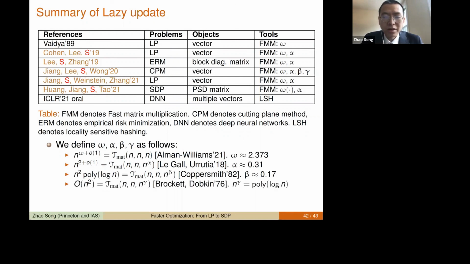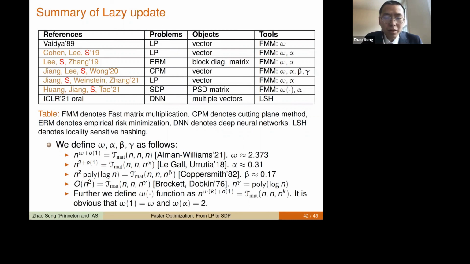And also there is n to the gamma, which is the time you can only pay n square. Also in the SDP paper, we use some omega function, which is a very general parameter function, like omega of 1 equals omega of alpha equals 2. We also need omega of 3 somehow.